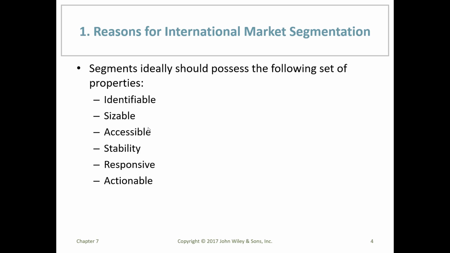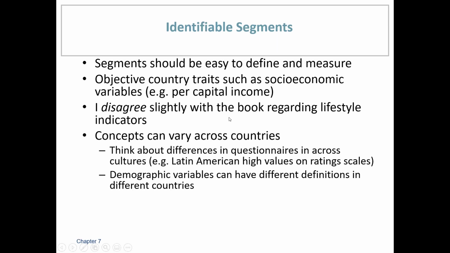And I usually end up having to allow multiple answers to each of these questions because it's quite hard to differentiate these. So identifiable means we should be able to identify and measure our variables. It's very easy to segment somebody by the amount of income they have. It's very easy to segment somebody by age. It's a little harder to segment people on beliefs.